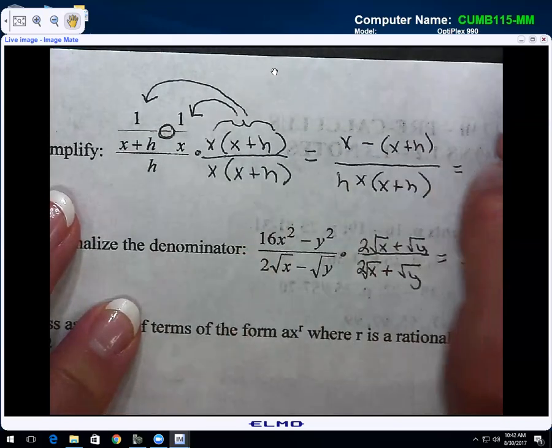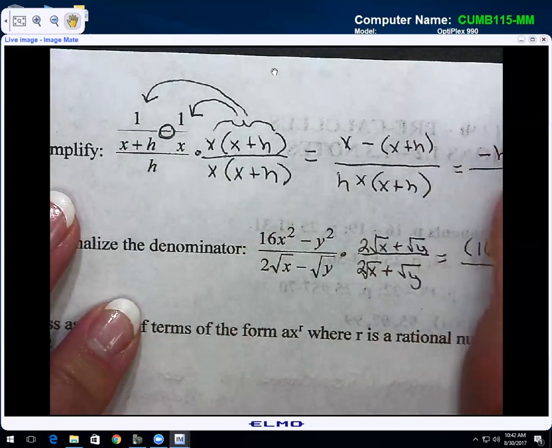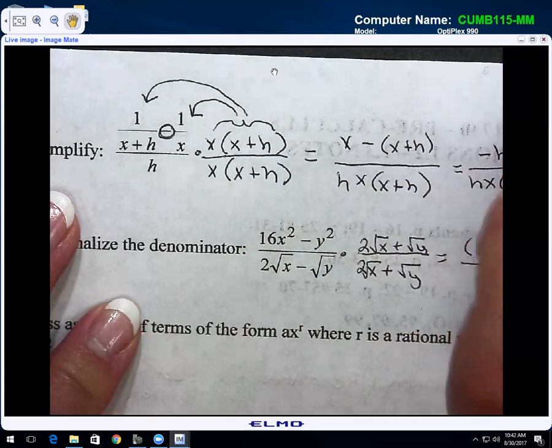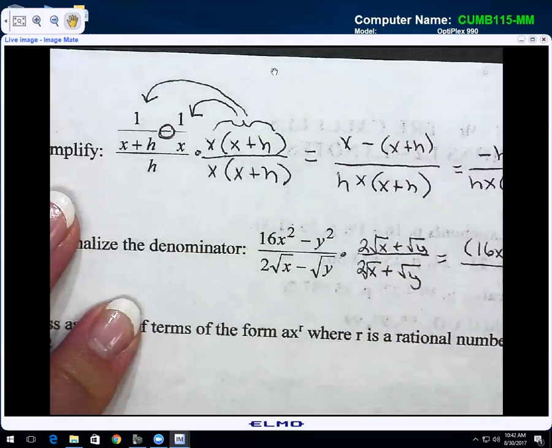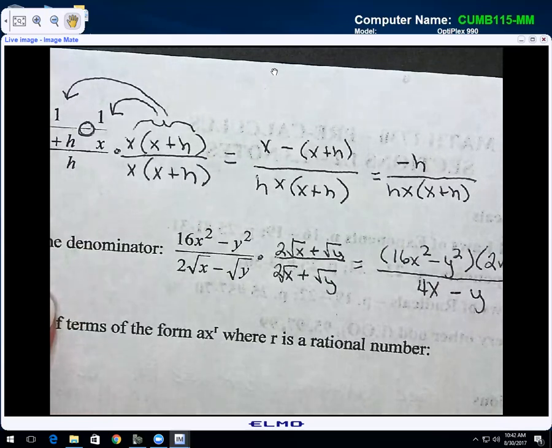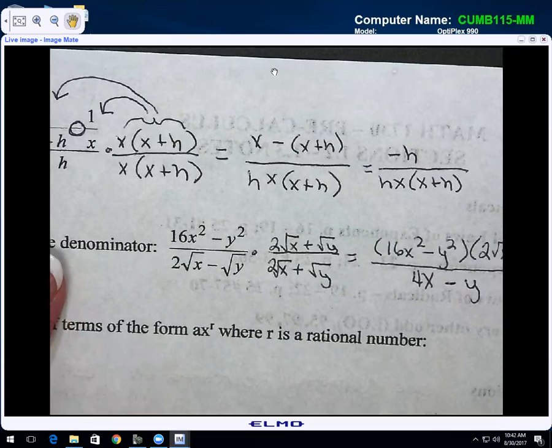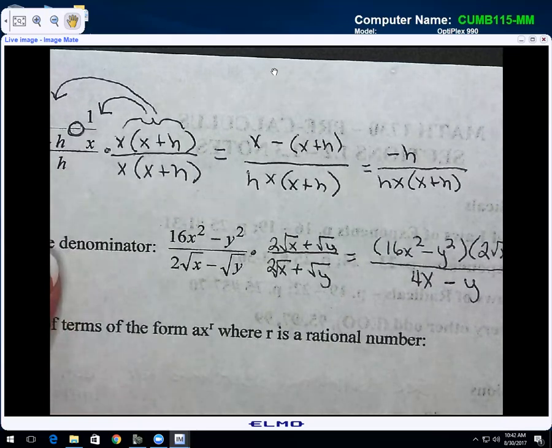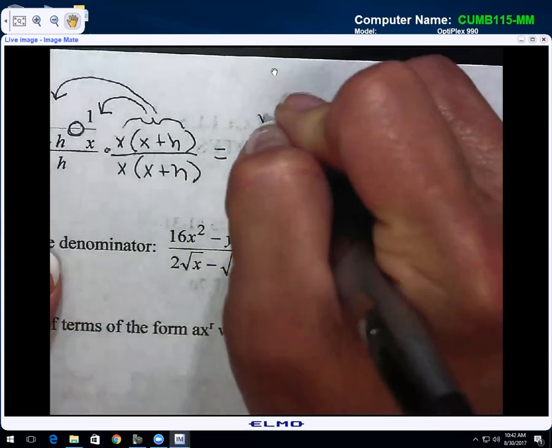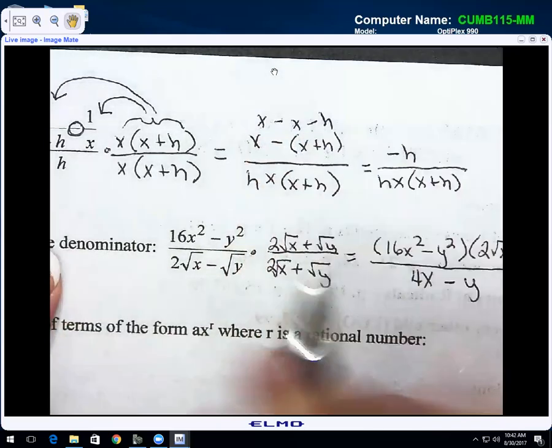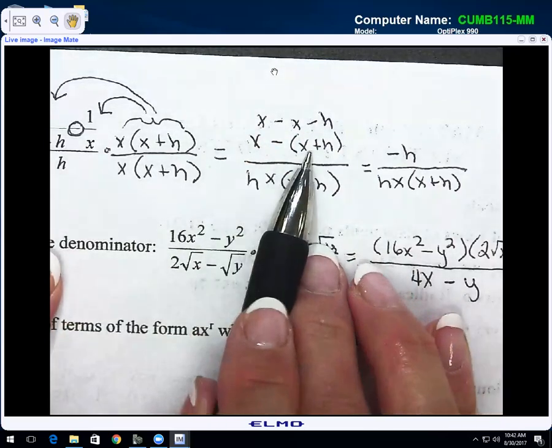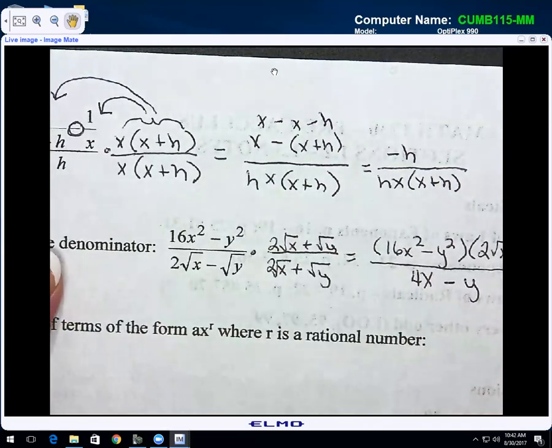Distribute that negative completely and you have negative H. So those 2 X's cancel out before you get to the negative H. The step I skipped was this, X minus H, when I distribute that negative completely, and yes, X minus X is 0.